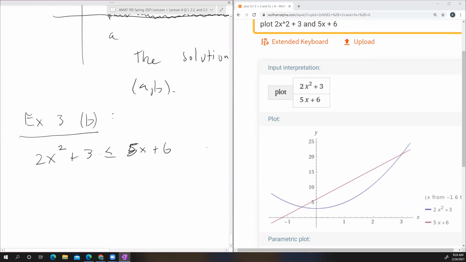It's pretty clear from the picture that it's this region, and when you project down onto the x-axis, you get the following interval, and you include those endpoints because you have an inequality. So this is the solution set.